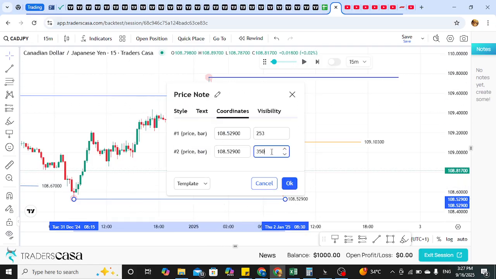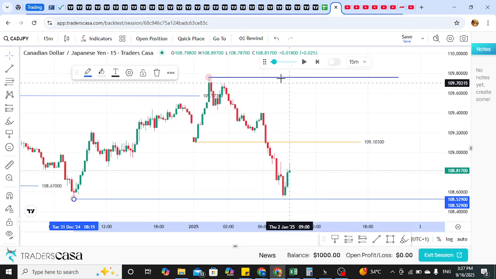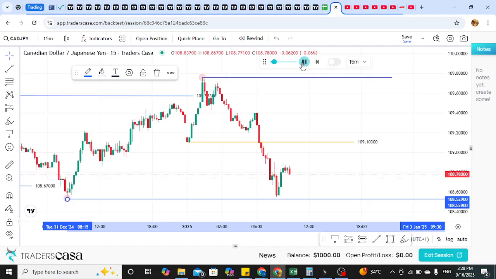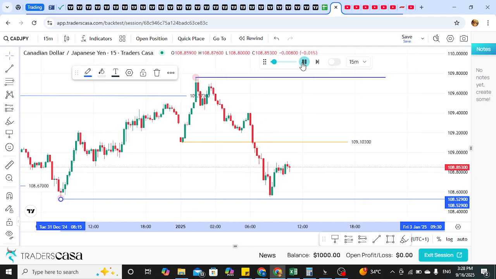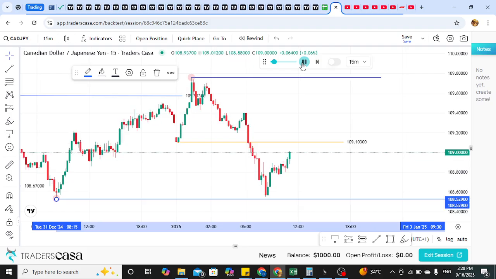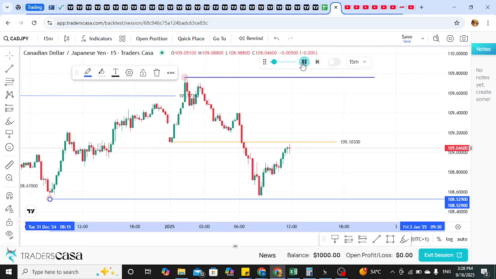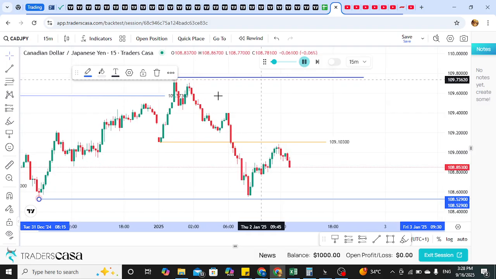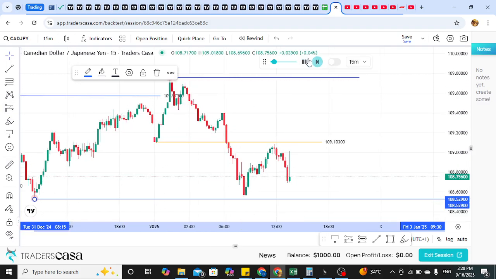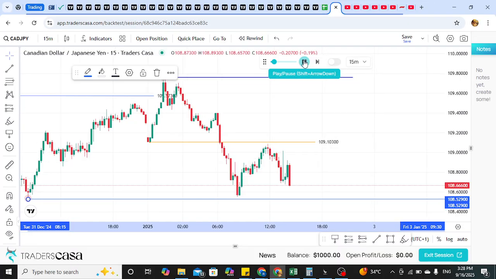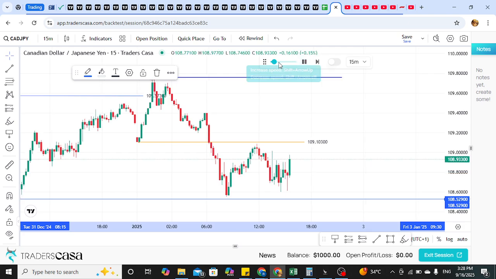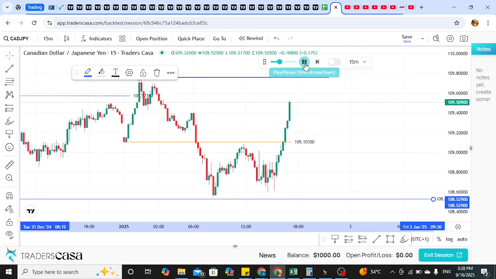And let's fast forward. Okay, like that. Most probably we will have another change of character, let's see, to continue the original downward movement. Okay, let's fast forward more.